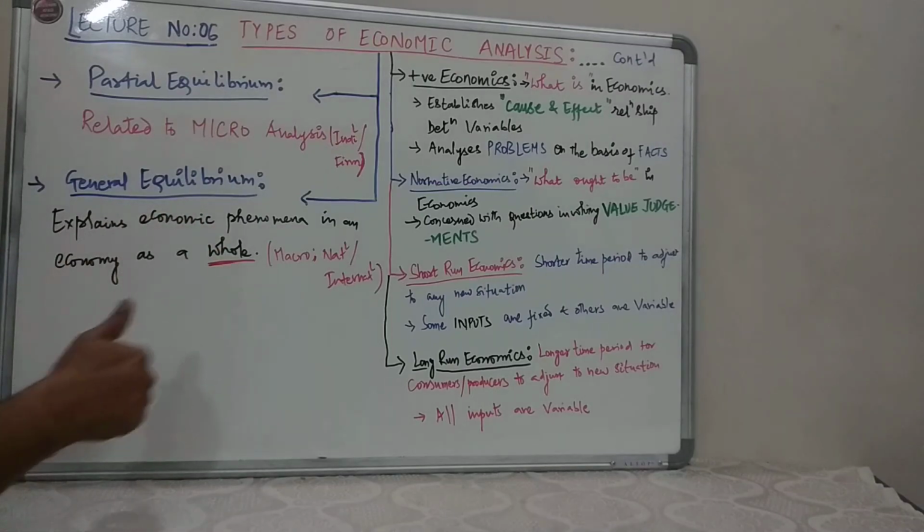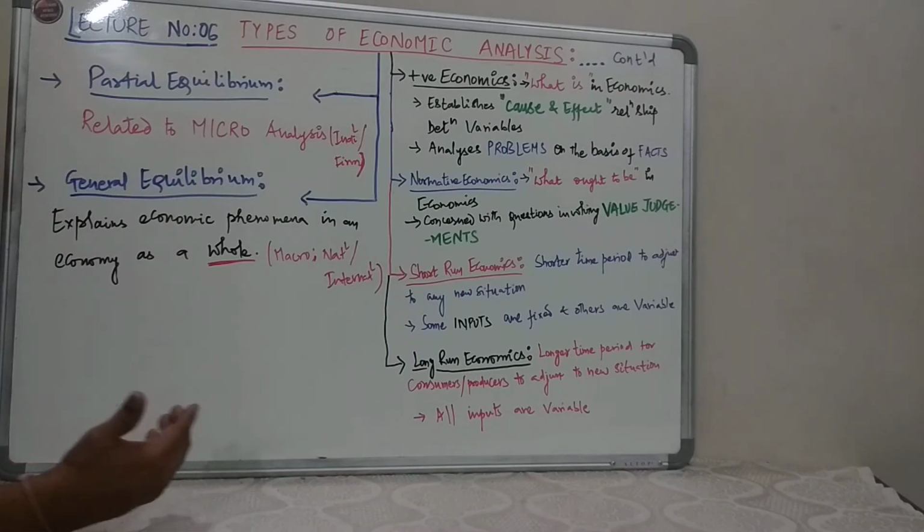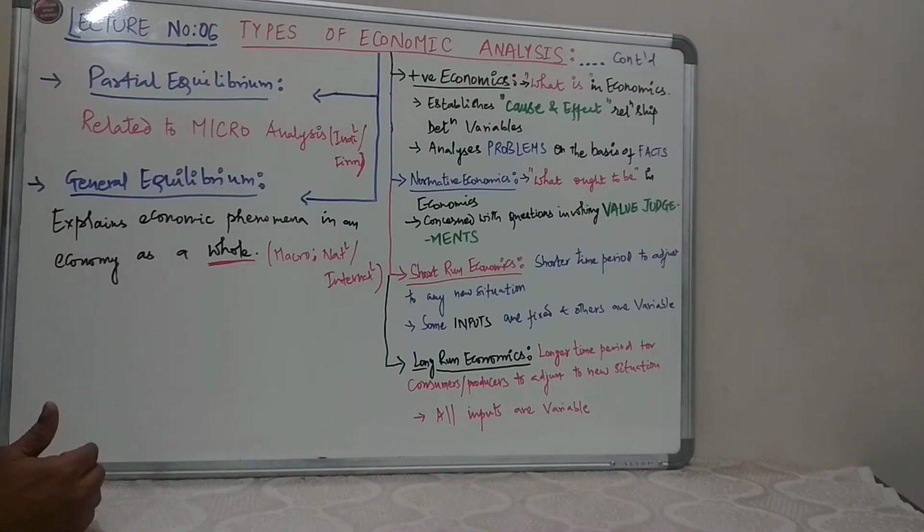So as a whole, macroeconomics, at national and international level: how is China reacting to trade sanctions? Like if the US says no, we are not going to import anything from China, how is it reacting? Or how is the US taking into consideration the dumping of goods by China? Or how is India reacting to its pressures?